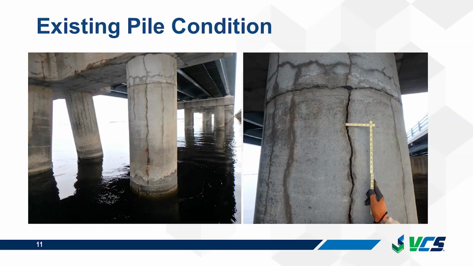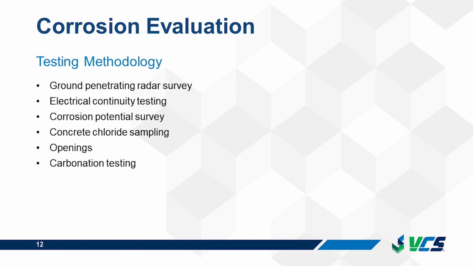So a recent inspection identified widespread cracking in the piles. The width of the cracks ranged from hairline cracks all the way up to 1/2 inch. So New Jersey DOT engaged WSP to provide an evaluation of the piles and to come up with a rehabilitation.